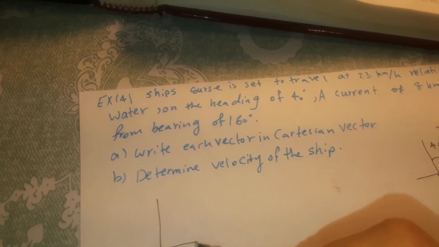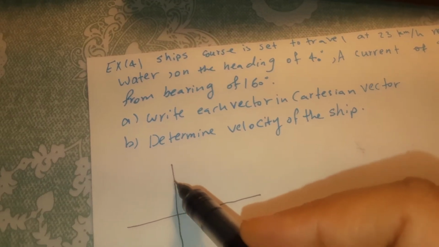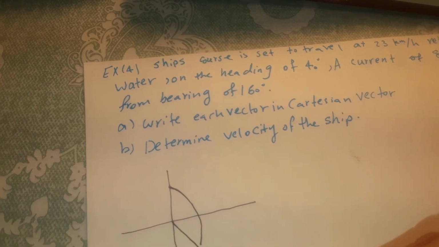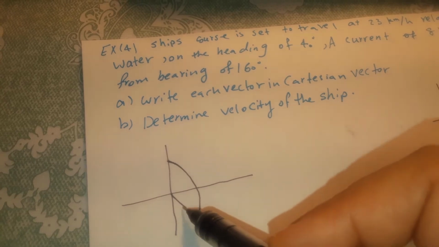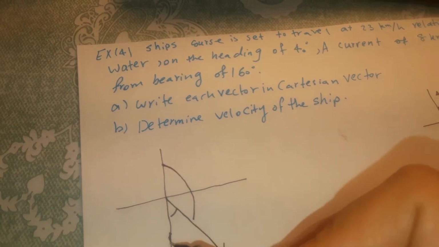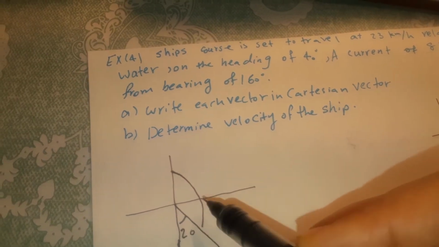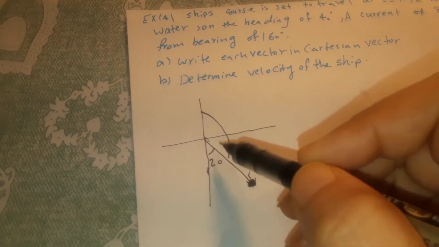If you start at north, 160 would be somewhere here. If this is 160, what would this be? Because this is 180, it's going to be 20. So it's not going to be in this direction.